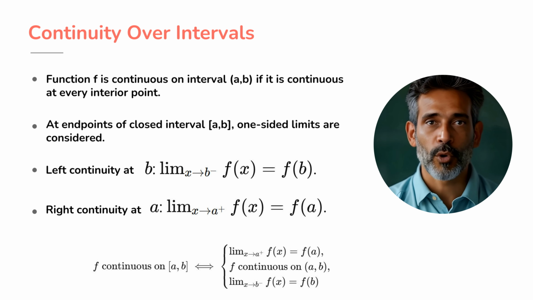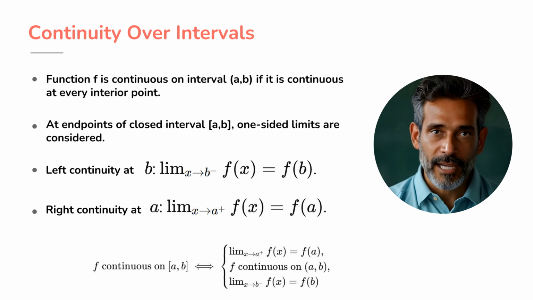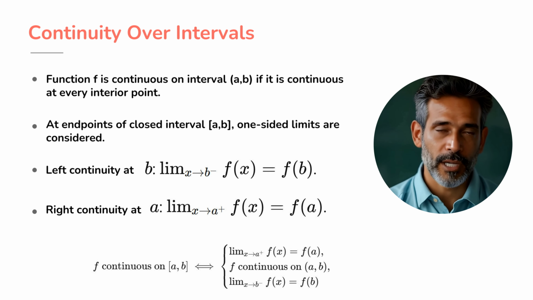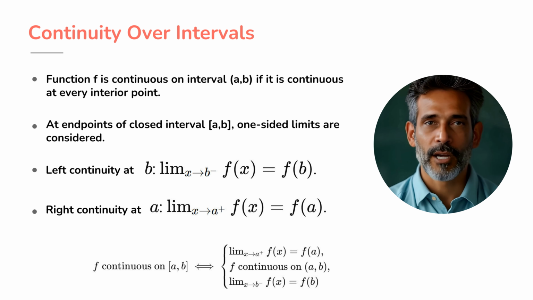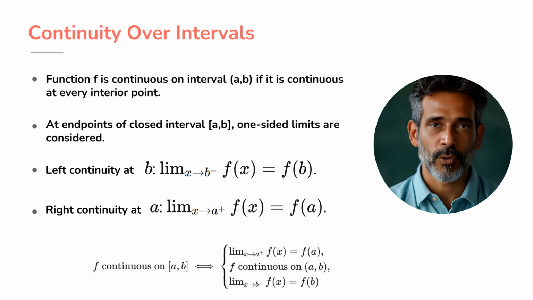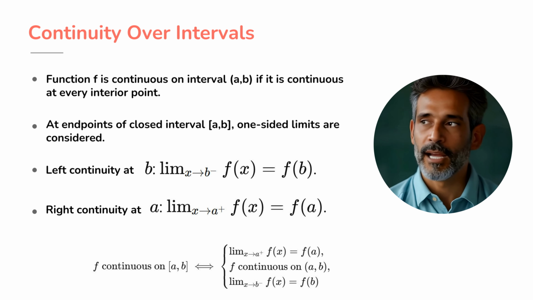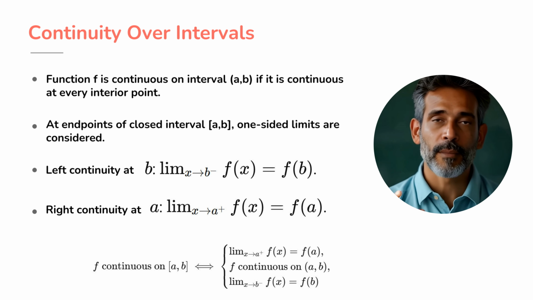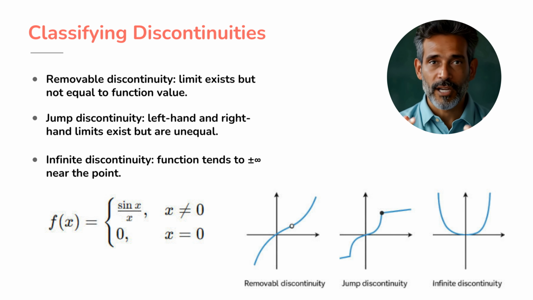Limit as x approaches b from the left equals f of b. Formally, f is continuous on a, b if and only if three things hold: right continuity at a, continuity on the open interval a, b, and left continuity at b. Equation 3.